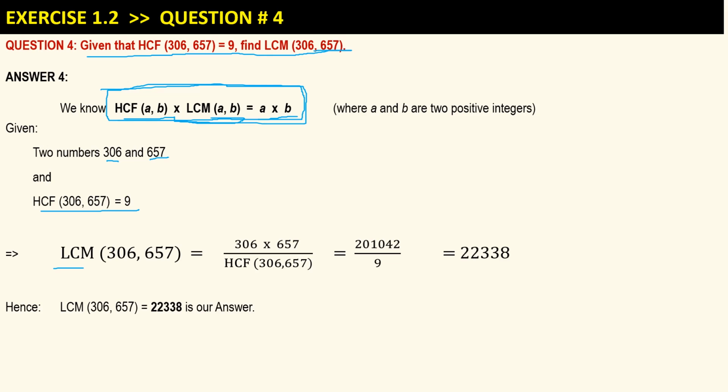So in our case, the LCM of the numbers 306 and 657 will be 306 multiplied by 657 divided by the HCF of these two numbers, which will be equal to 201,042 divided by 9, which will be 22,338. Hence, we can say that the LCM of 306 and 657 is equal to 22,338 as our answer.